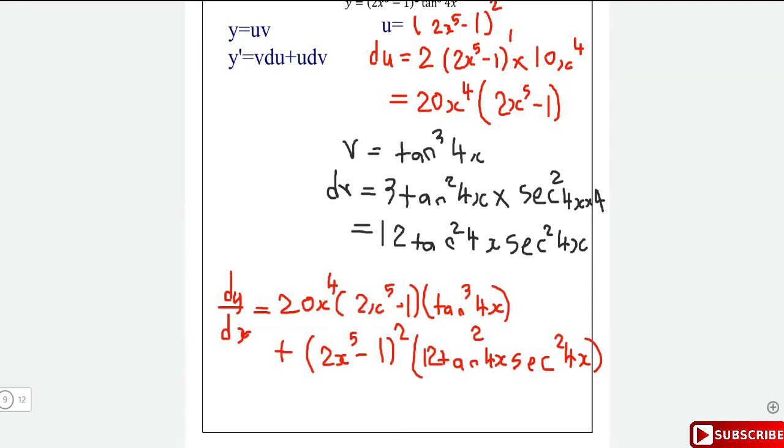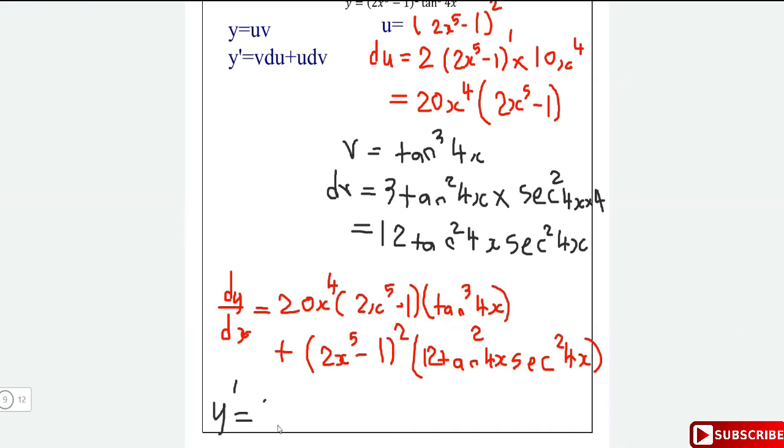So I can't bother write out dy by dx. I'm going to write y prime. So y prime would be equal to, many times what they do, they look for what's in common between the two of them. We notice there's a 2x to the 5th minus 1 and a tan square in common.